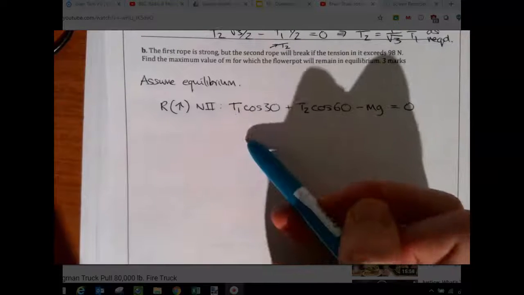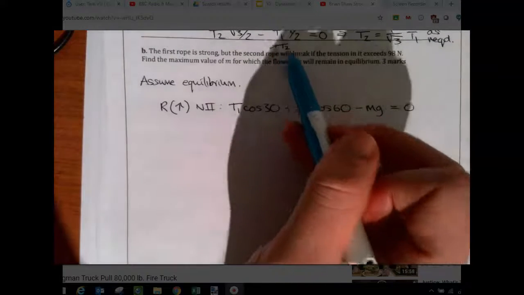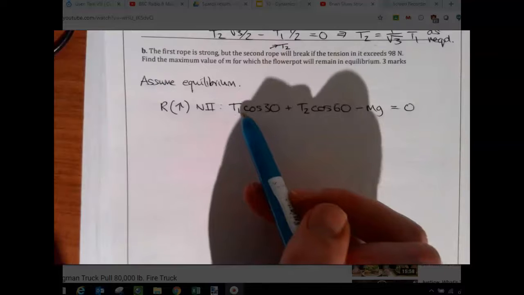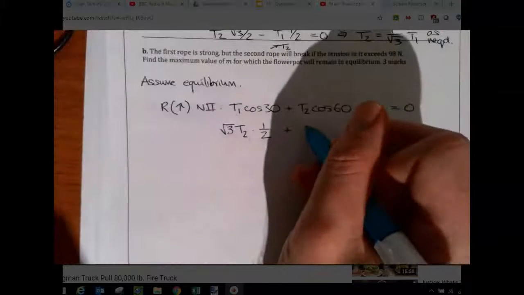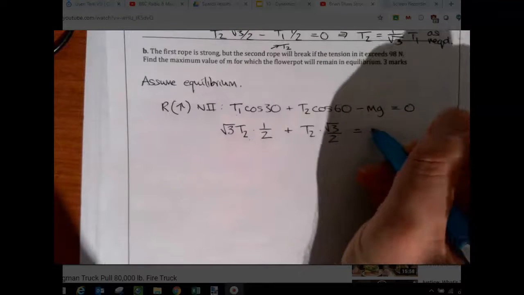Now, you can do it either way, but because we're interested in T2, I'm going to sub out and put T1 equals root 3 T2. So root 3 T2 times cos 30, which is root 3 over 2, plus T2 times a half equals mg.